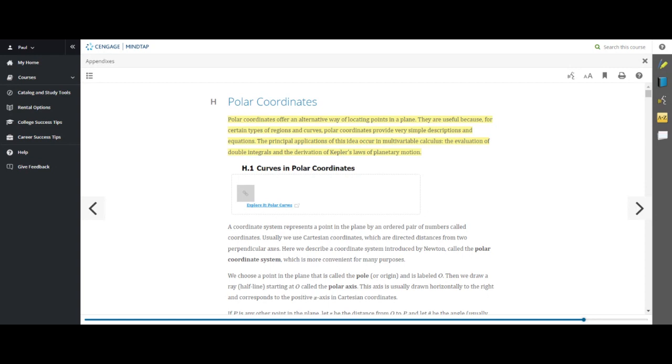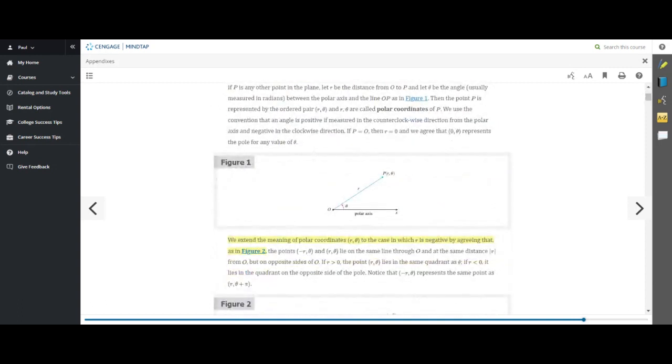So I go down here, figure 1. You see an origin in figure 1. You see the polar axis, the x-axis. You see an angle theta, and then a radius r drawn out from theta to some point P. The point P has polar coordinates r and theta.